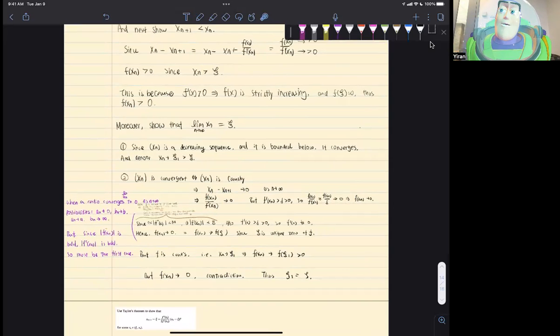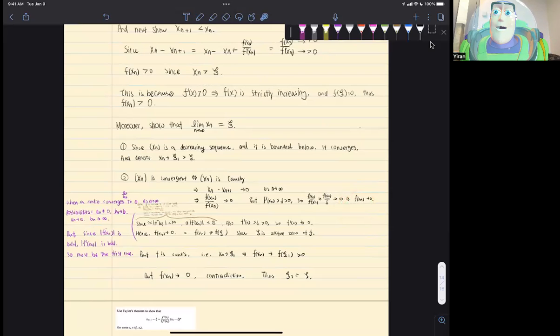So using the sequence definition for continuity, we assume xn converges to c1, which is strictly larger than c, because we want to reach a contradiction. So as xn converges to c1, f of xn should converge to f of c1, right? But f of c1 is equal to 0 because we just proved f of xn converges to 0.